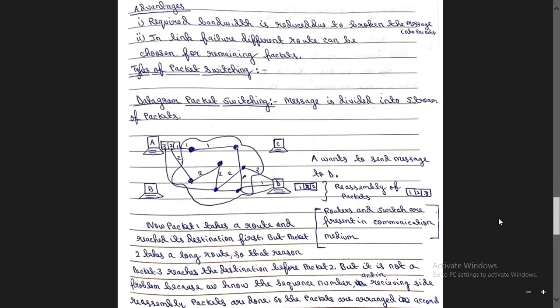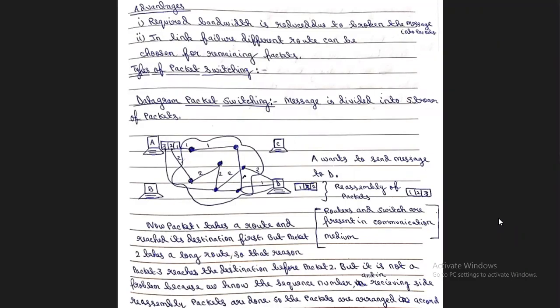Now it may happen that the message is divided into packets and the packets take different routes to reach the destination, so the sequence order can change. The first packet reached the destination, which is okay, but the second packet takes a longer route, and it takes time to reach the destination.